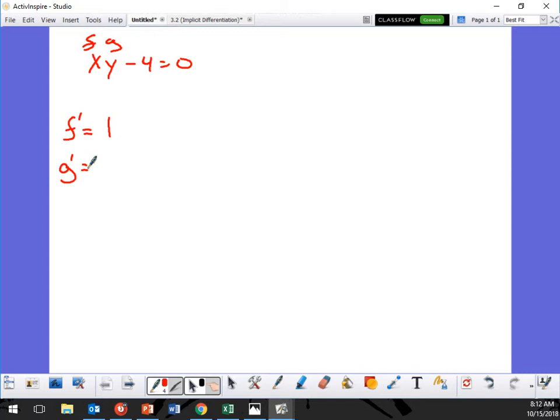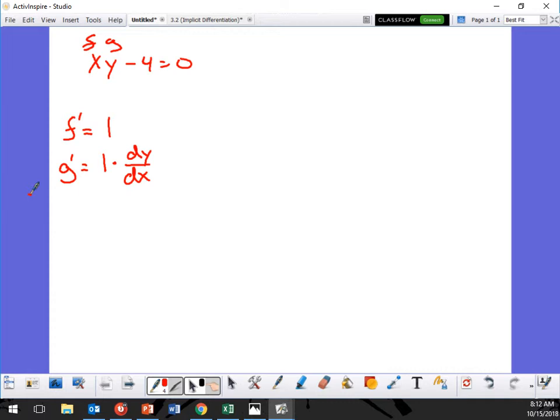So we're going to call it 1 times dy/dx, because we took the derivative of y in terms of x. This means that we took the derivative of y. If there was a z there, it would be dz/dx. Does that make sense? Okay, so it's something new here.